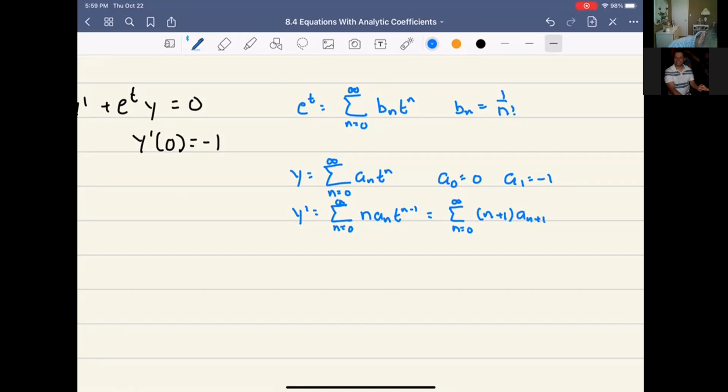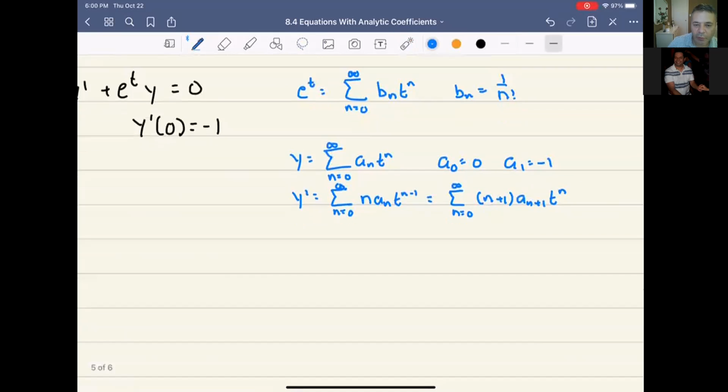But it's the same thing that I did last time. Take the derivative, then realize, oh yeah, n equals 1 is the first non-zero term, so I'm going to have to shift everything to the right one and be a little mindful of what it is. First term is 1, so I need n plus 1, a sub n plus 1, and then t to the n. Y double prime.